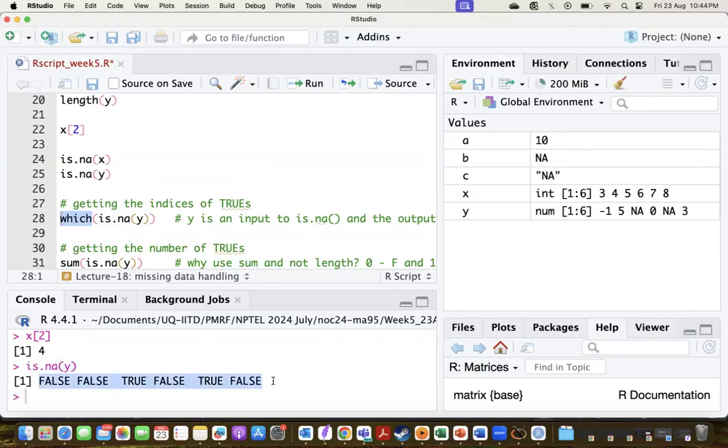Basically this output, FALSE, FALSE, TRUE, FALSE, TRUE, FALSE, I am feeding to the which function. What the which function tells me is at which positions I have a TRUE value. So it's getting the indices, or the positions, of the TRUEs. Does this make sense?